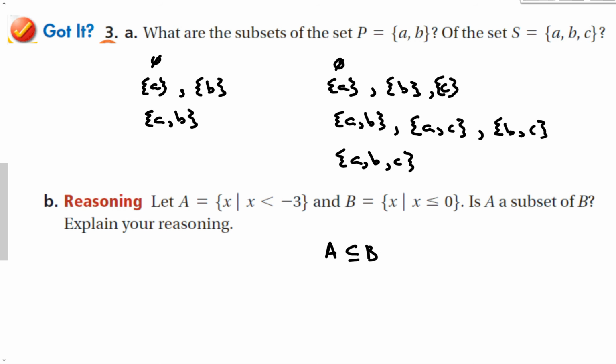And the answer is yes. Because this set starts at negative 3 and goes down, and this set starts at 0 and goes down. So everything in A is going to be in B. They overlap.